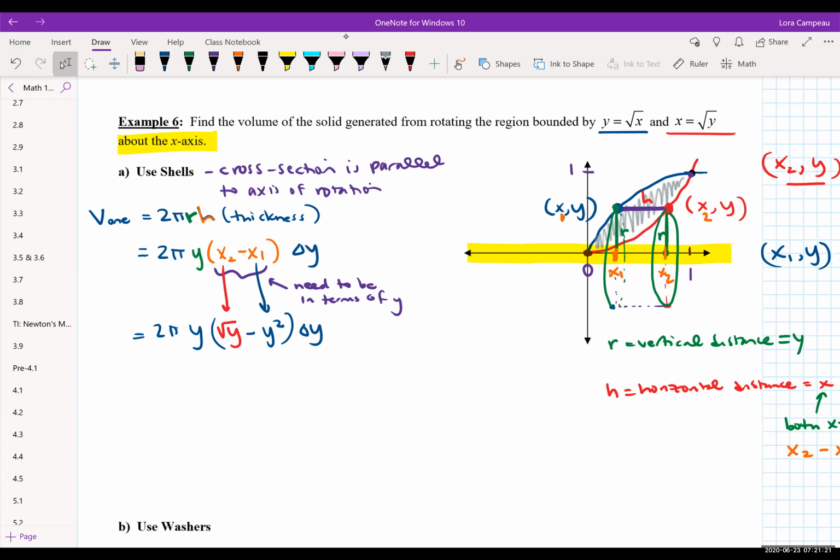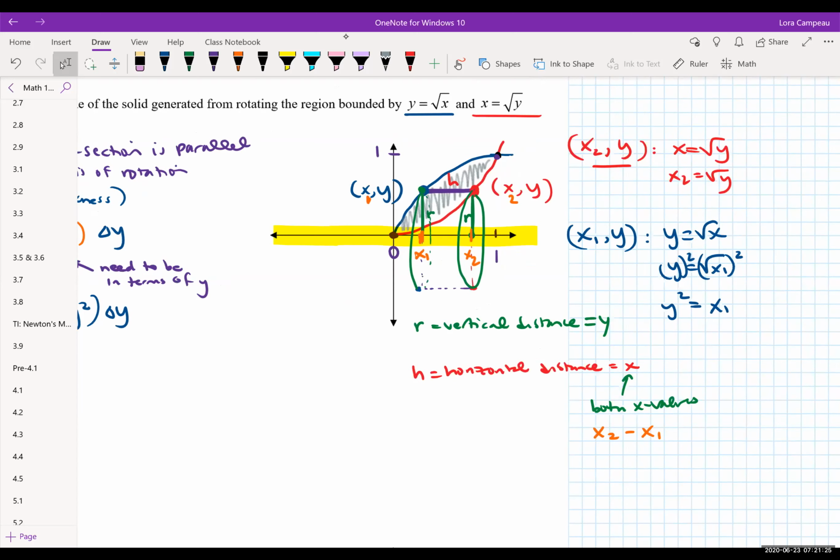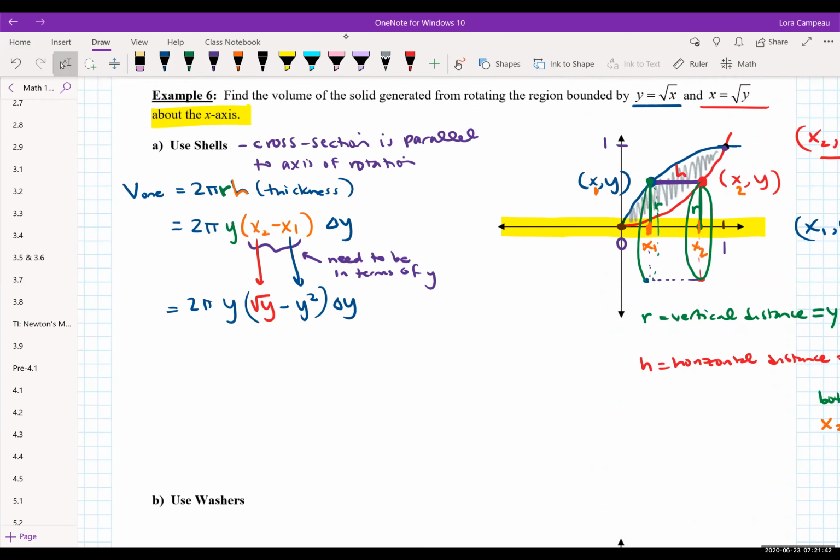I then go back and look at where they're located on the curves, and I use my points to give me a reasoning as to how I'm going to rewrite them. Which curve am I using? And do I have to solve for y or do I not? So play with that. If you're not comfortable with that, don't move on until you can really do this. But once you have this all down, we're good to go. What we end up doing now, clean it up a little bit.